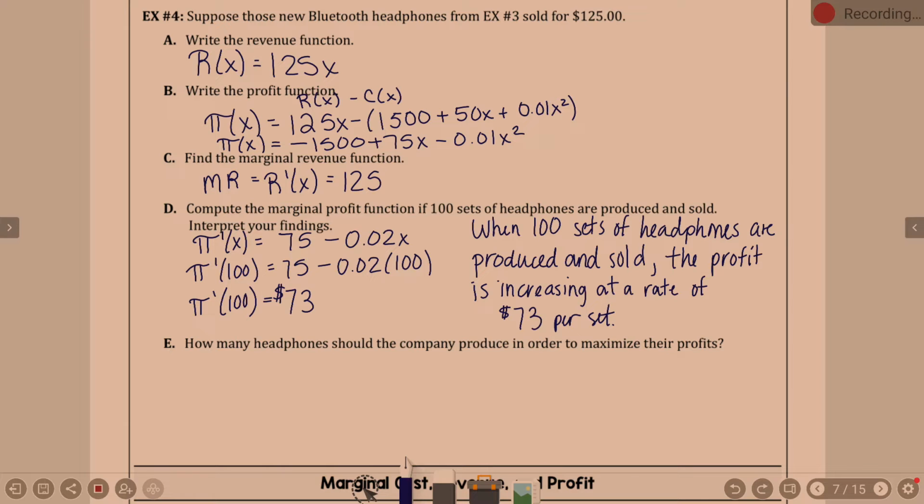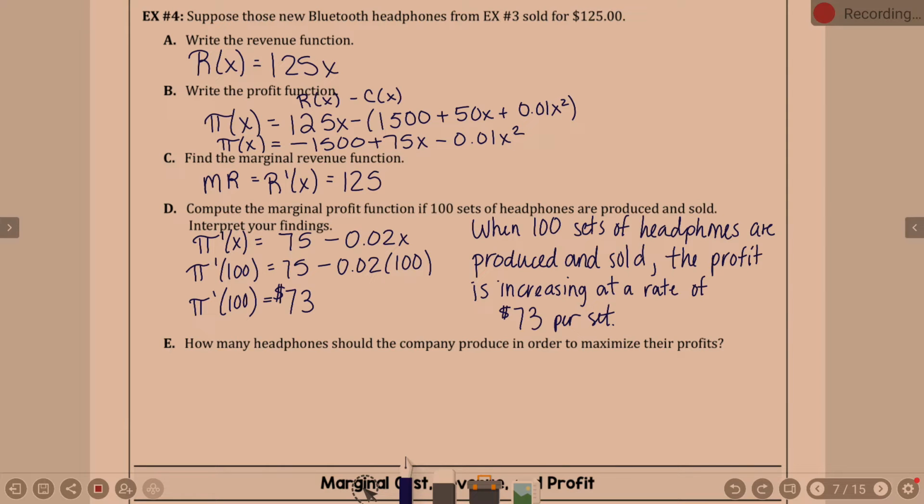I don't understand the first part of that sentence. Why do we have to put that in there? When 100 sets of headphones are produced and sold, that's just the terminology of the original problem. The question was compute the marginal profit if 100 sets of headphones are produced and sold.